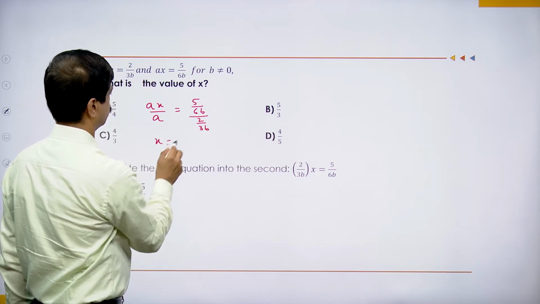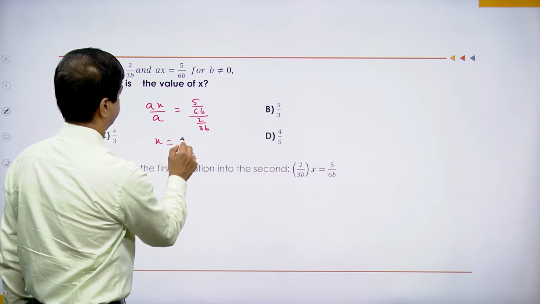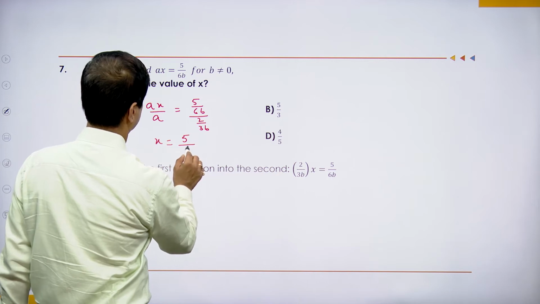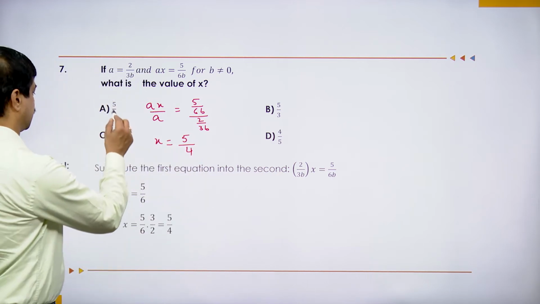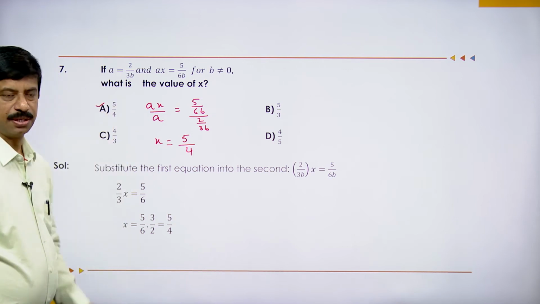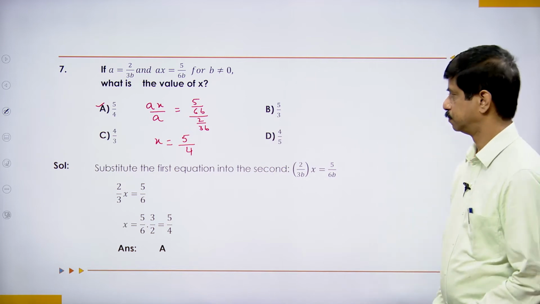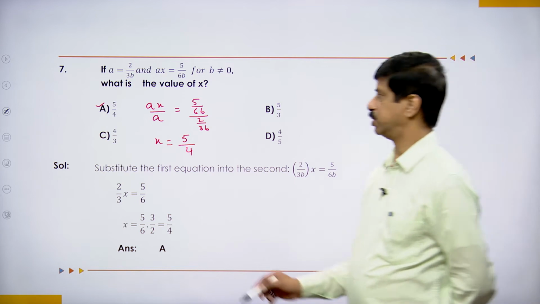So x equal to this, 3b goes up, so it is 2 2s are 4, 5 by 4, right? So 5 by 4, it is option A, right? So please note it fast, quick. I just divided two equations.